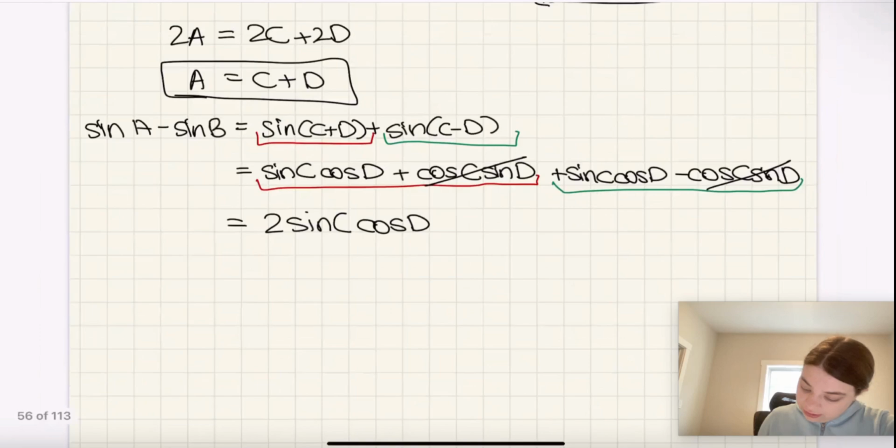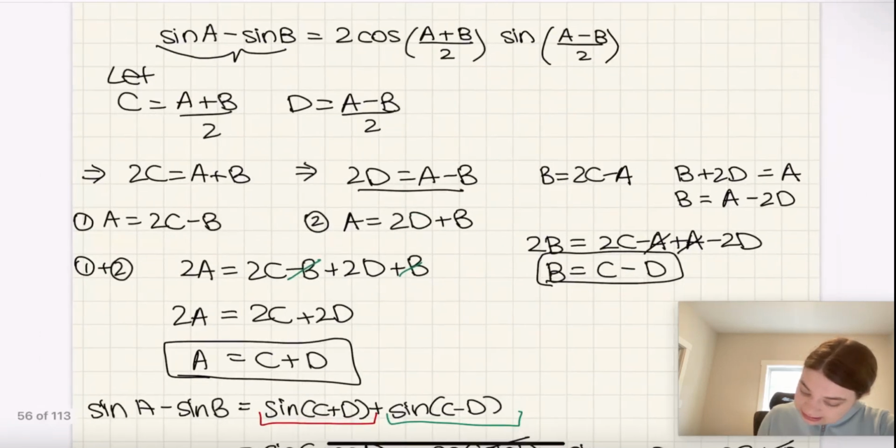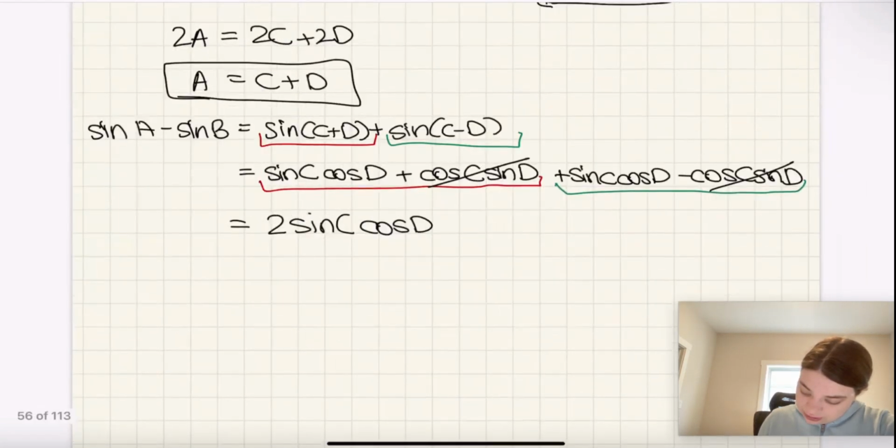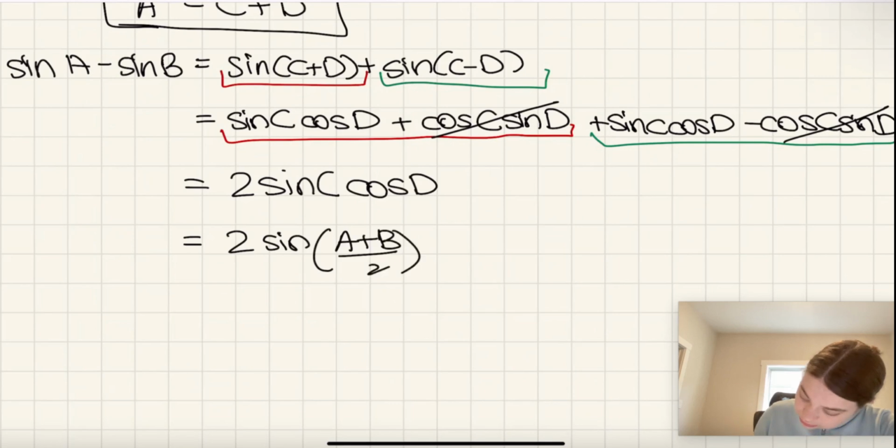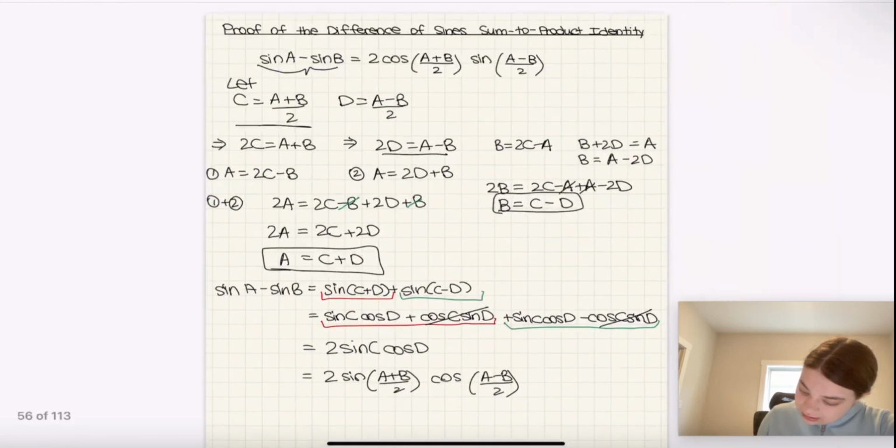So recall that earlier we stated that C is equal to (A plus B) divided by 2, and D is equal to (A minus B) divided by 2. So I'm going to sub those back in. We're going to get 2 sine of (A plus B) divided by 2 times cosine of (A minus B) divided by 2, like that. And there we have it.